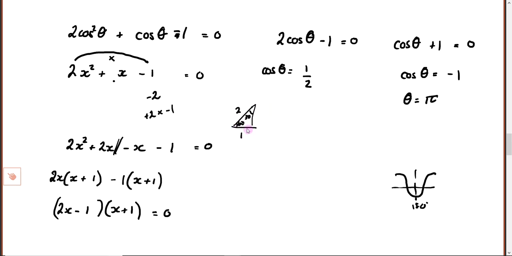So cosine is adjacent over hypotenuse, so that's 60 degrees. But in terms of pi, 60 degrees is pi over 3. But there's also another one, isn't there? Remember the unit circle now. Cosine at that point would be the half.